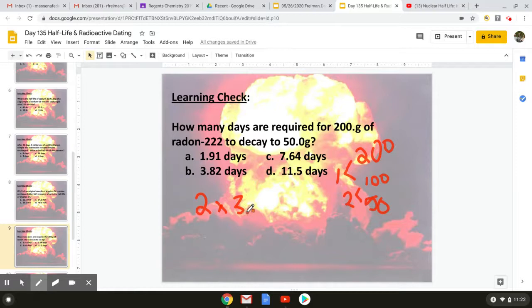So if 1 half-life takes 3.82 days, then 2 half-lives takes 7.64 days. So you're just using the table in concert with how many half-lives you've actually gone through.